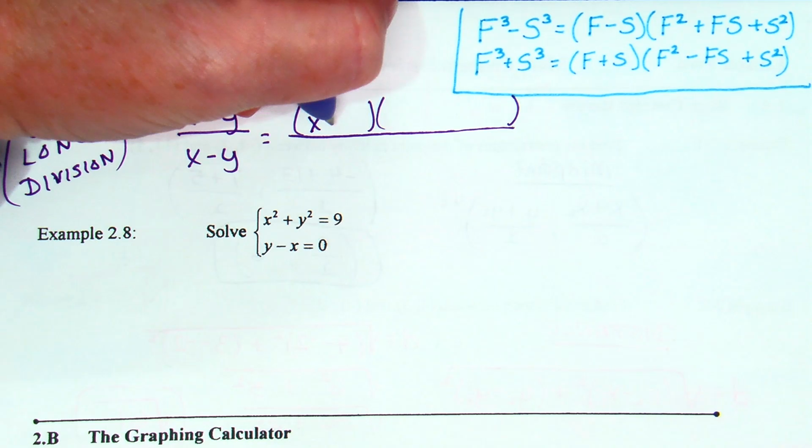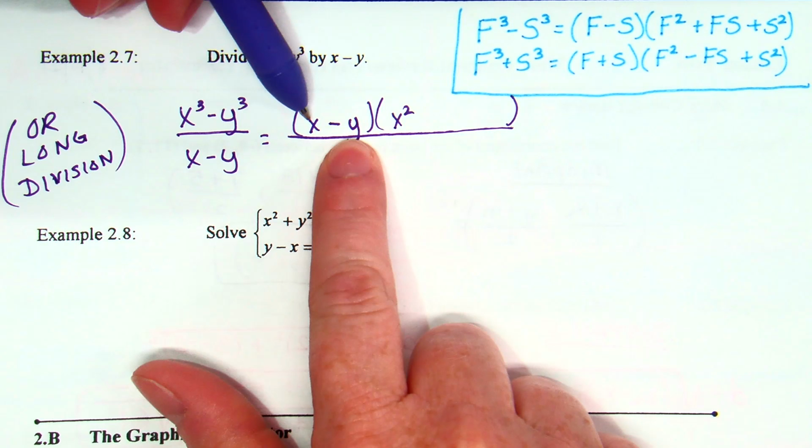Oh, that just kind of happens to match something on the bottom, doesn't it? Okay. Trinomial. The first term, you square your first root, so x squared. The middle term, multiply the two cube roots and use the opposite sign. So I'm going to say plus xy. And the last one, you're squaring that.